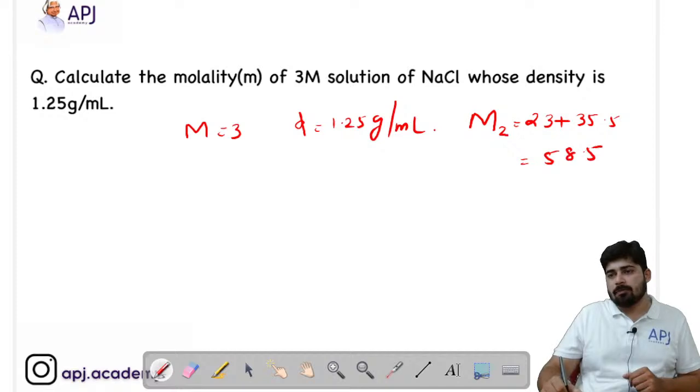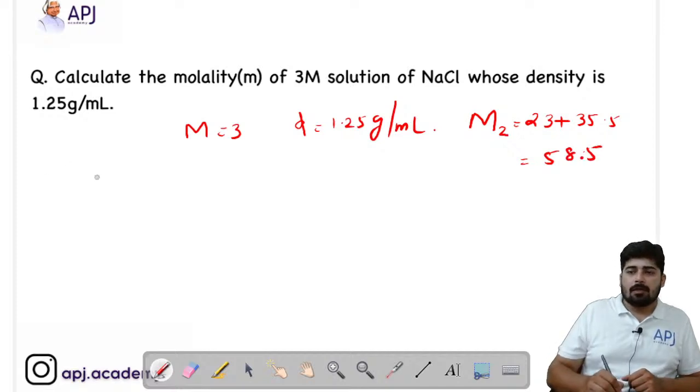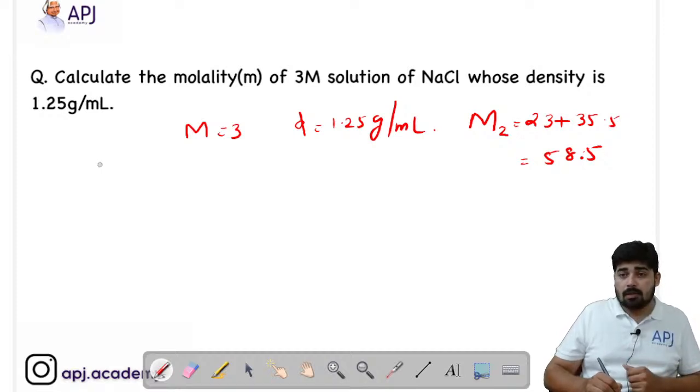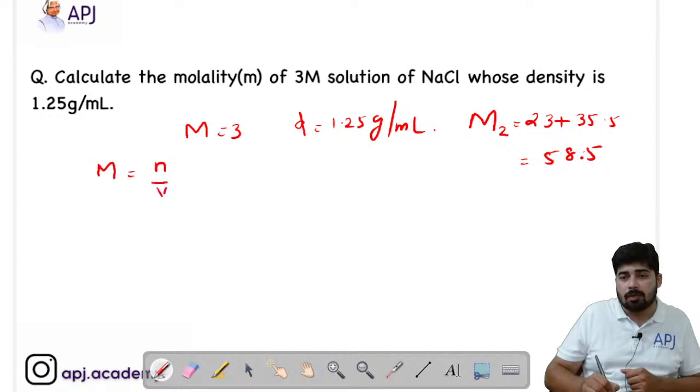Now here, the molarity is equal to number of moles by volume. We normally consider it in 1 liter, so you can write it as 3/1.